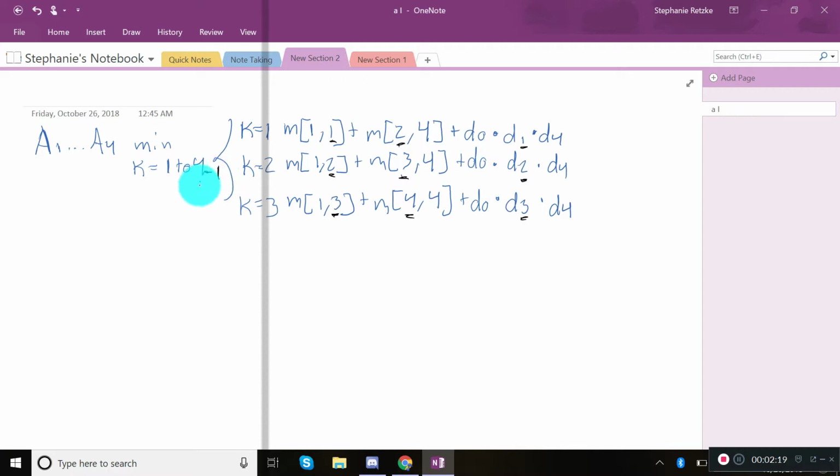So it's 1, 2, 3. Yes, this is the only thing that'll change, and this is what your whole problem should look like. And then obviously we're just going to fill in our values for each of these.